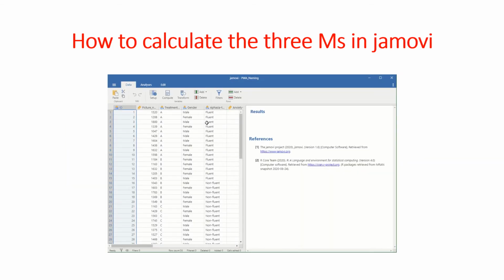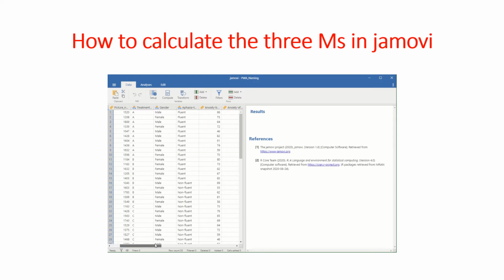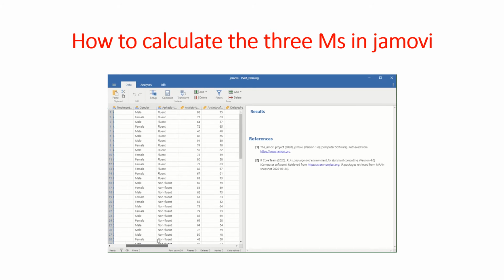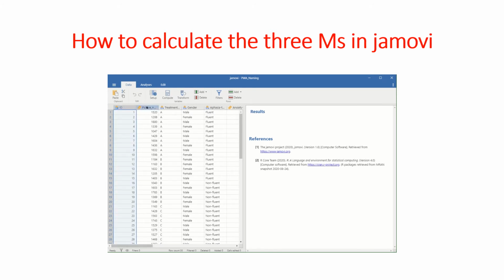Now we want to see how we could calculate these measures of central tendency in Jamovi. So I opened my data here. This is the same data I've shared with you. I changed the levels of measurement and saved the latest edition, and I'm just using that.